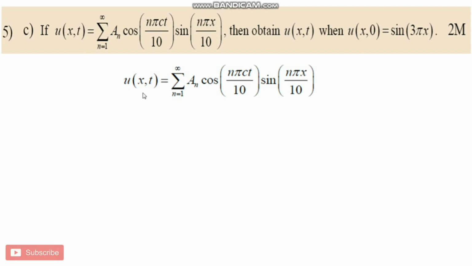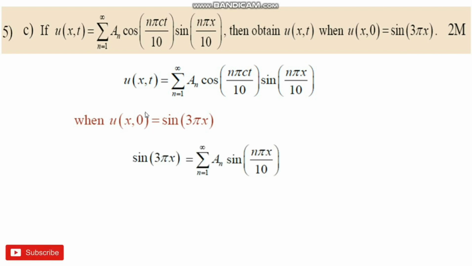Here we are given that the displacement u(x,t) is the summation of an cos(nπct/10) sin(nπx/10). When u(x,0) equals sin(3πx), this is the condition to be used here. With t replaced with 0 on the left hand side, sin(3πx) equals the summation of an sin(nπx/10), since cos 0 is 1.